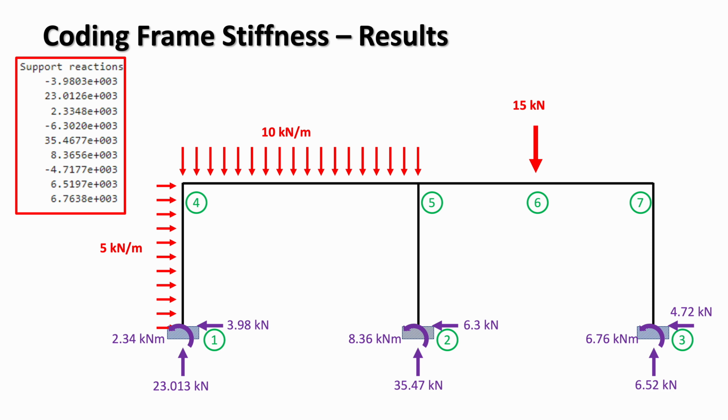On this diagram, we've drawn all the arrows in the correct physical direction. That means that if we had a negative value, we just swapped the direction of the arrow, so it reflects the true direction of the reaction force or moment. This ensures that the diagram accurately represents the real behavior of the frame. And together we can see that these reactions satisfy global equilibrium.